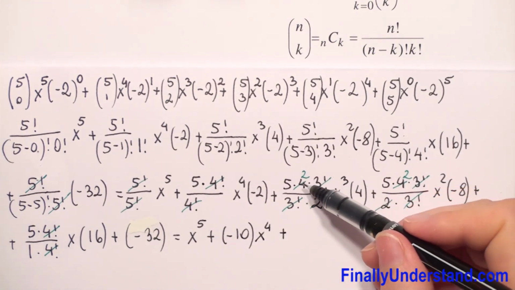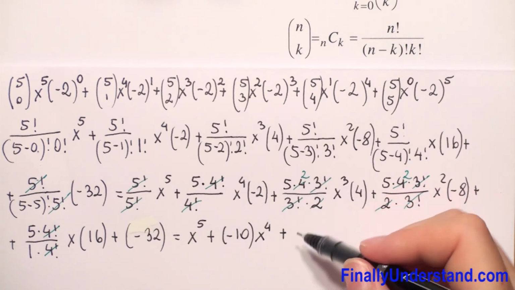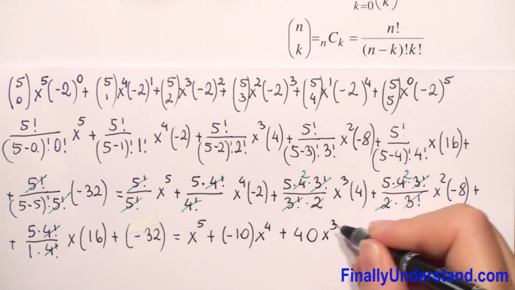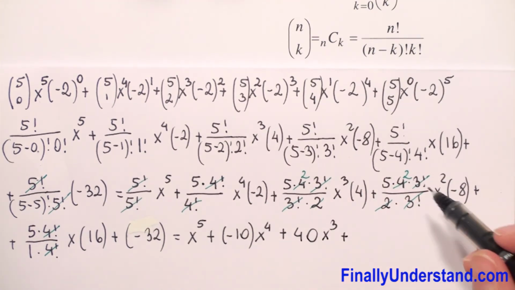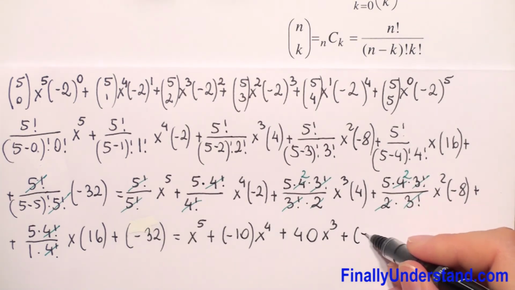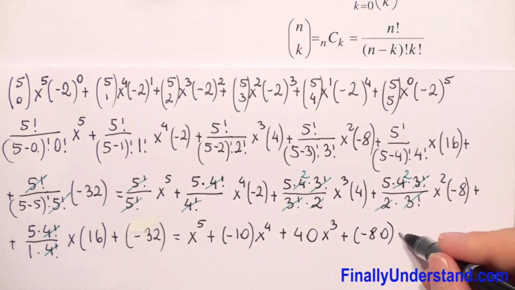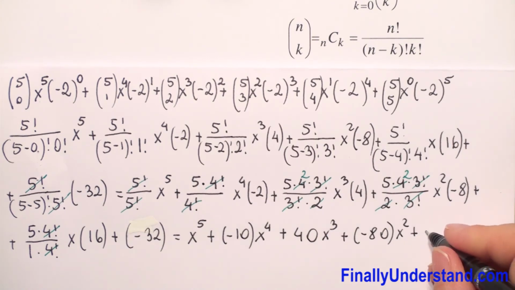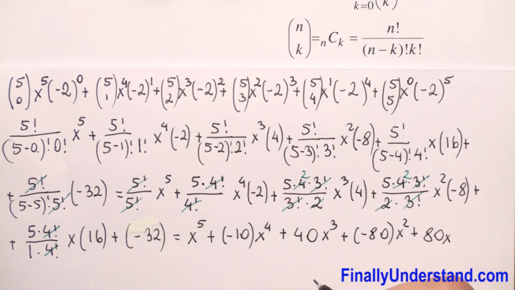we have 5 times 2, so this is 10 times 4, so this is 40 times x cubed, plus we have 5 times 2, so this is 10 times negative 8, so this is negative 80 times x squared, and we have plus 5 times 16, so this is 80x, and we have plus negative 32, so this is negative 32.